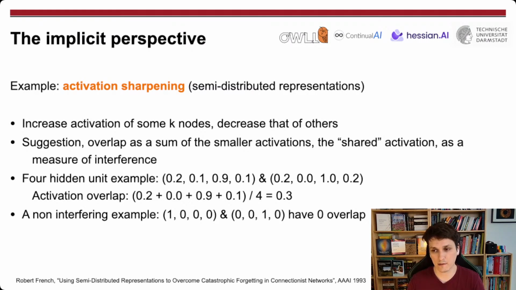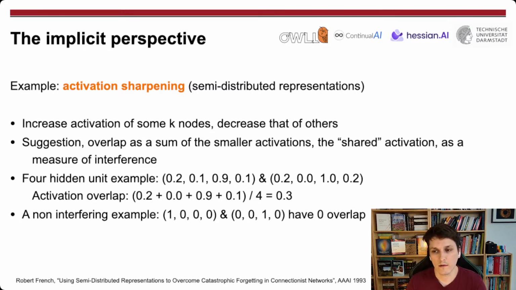For all the remaining activations, we maybe do not want to sparsify them completely, in the sense of setting them to 0 so they don't activate, because we'd lose some of the representations, but we'll maybe want to put less emphasis on them. So we want to decrease the activations here. In this specific example, it's suggested that we could measure the overlap as a sum of the smaller activations, the so-called shared activations, as a measure of the interference, of how much activations overlap.